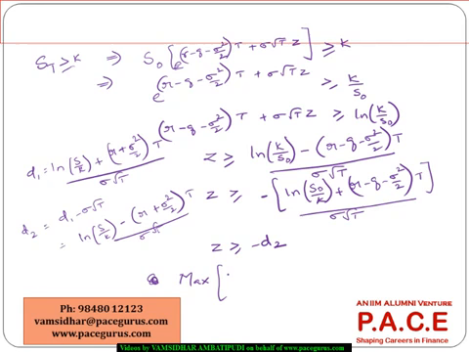ST I can very well find out, which is S naught into e to the power of (r minus q minus sigma squared by 2) times T plus sigma root T times Z. This is ST minus K comma 0, and this will come only when Z is greater than or equal to minus d2. So once I know Z, which is a standard normal variable, I can start finding out.